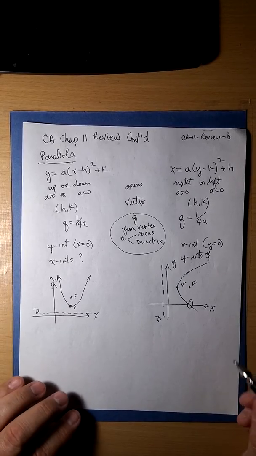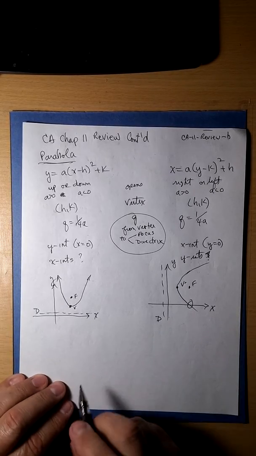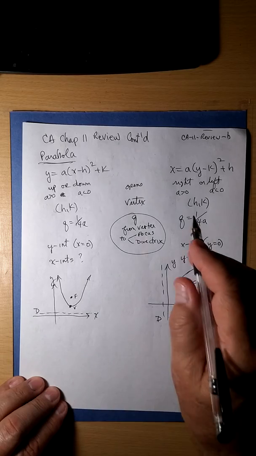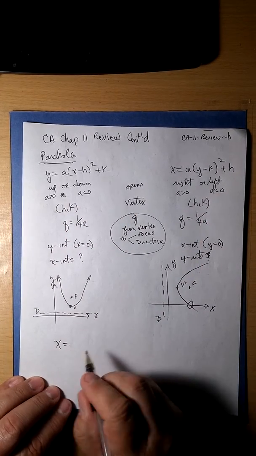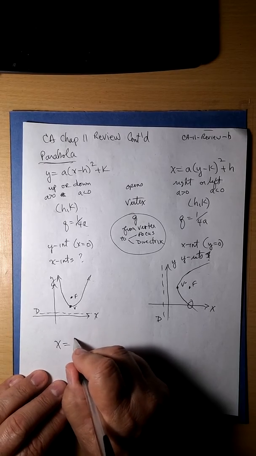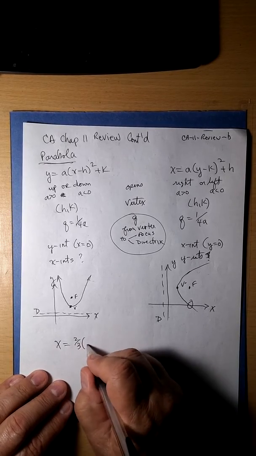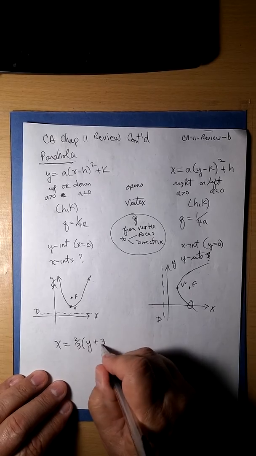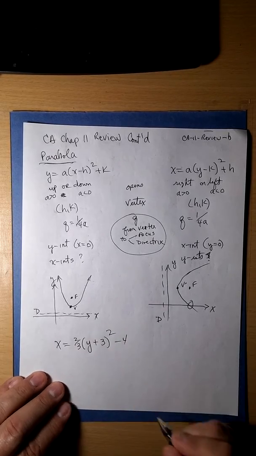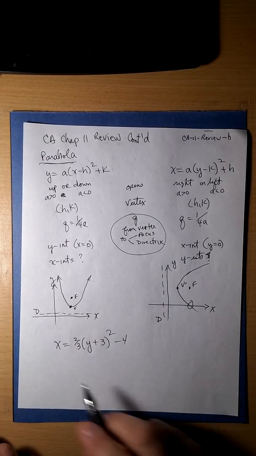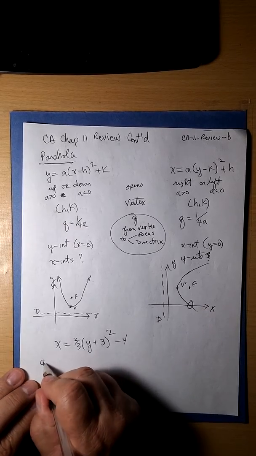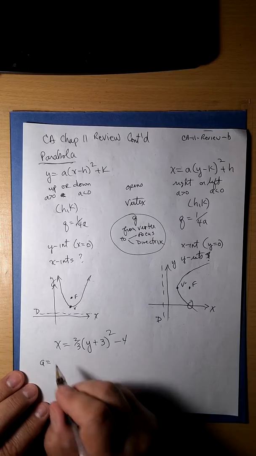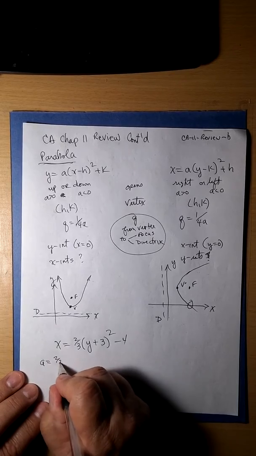So we need an example here. We'll do this one: x equals 2/3 (y plus 3) squared minus 4. If you can get it in that form, how would you graph it? a, we can read off right there, is 2/3.